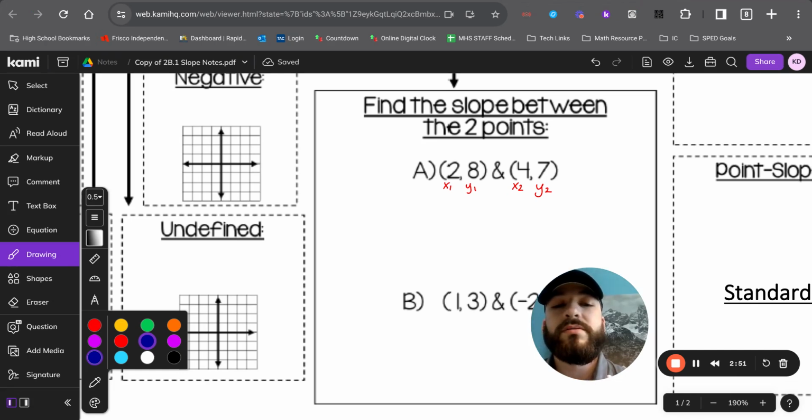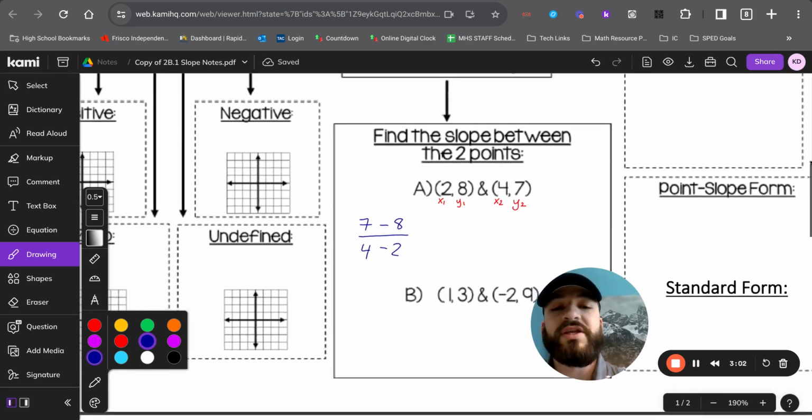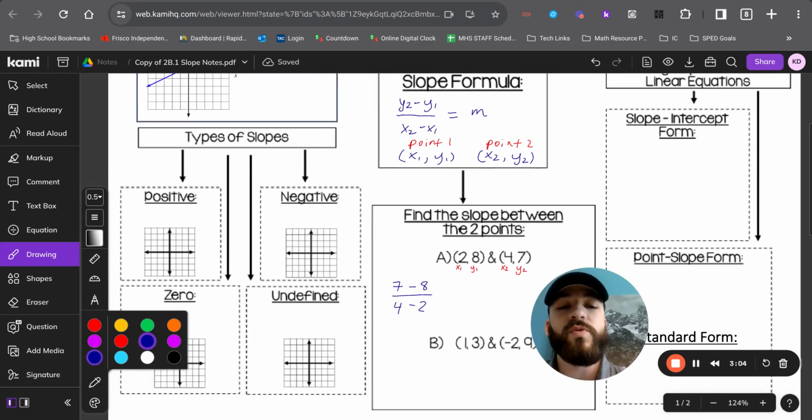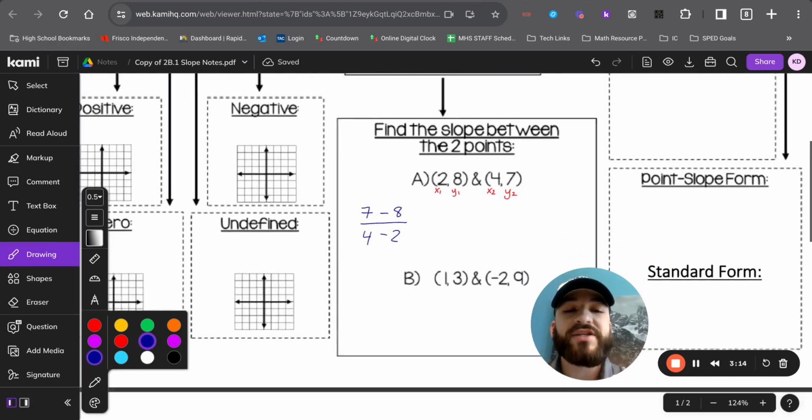So 7 minus 8 over 4 minus 2. I just want to point out that I am plugging in those y2 and x2 points first, 7 and 4, and those y1 and x1 points second, 8 and 2. And then I do have that subtraction in between.